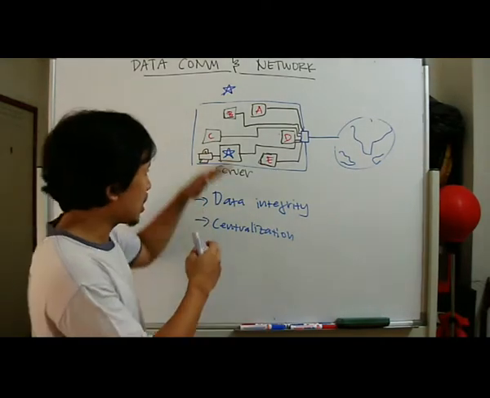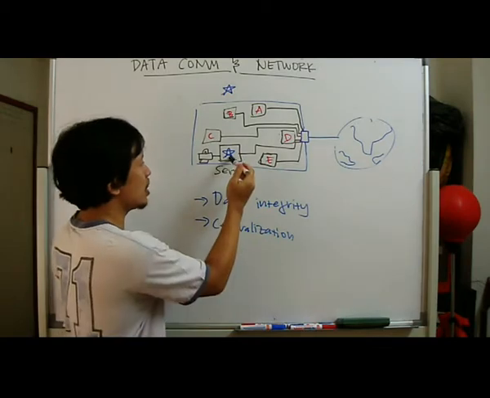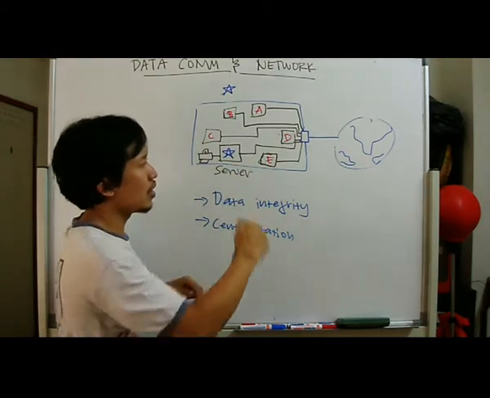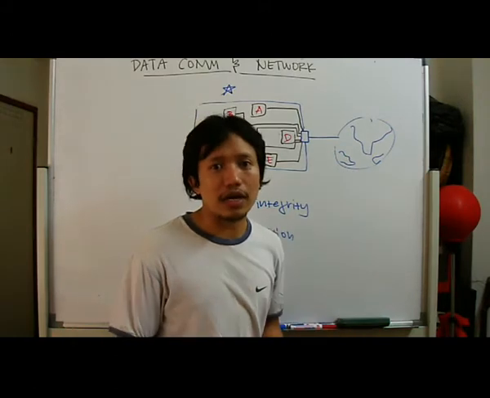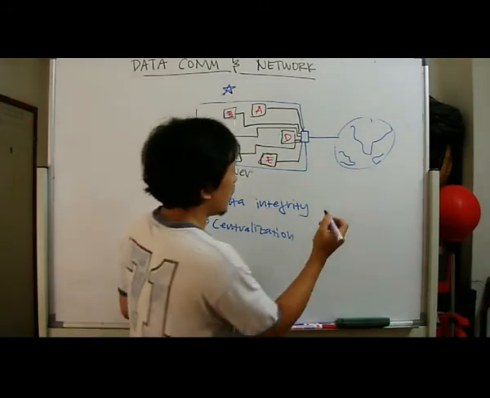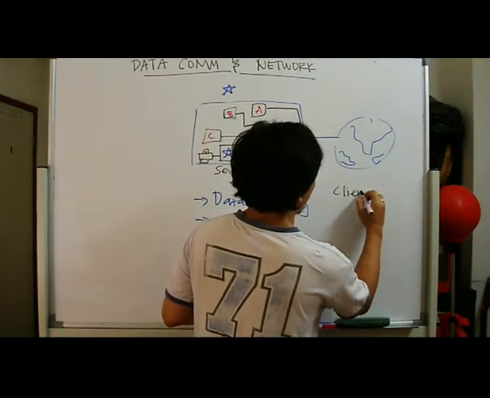So this particular network, where you have a server and several clients, or in the case of the World Wide Web, several servers and lots of different clients, is called a client-server network.